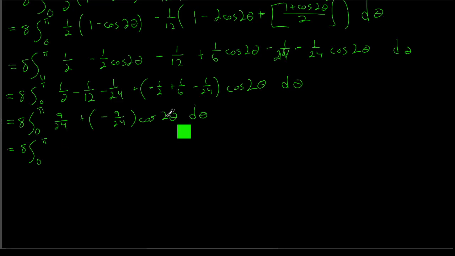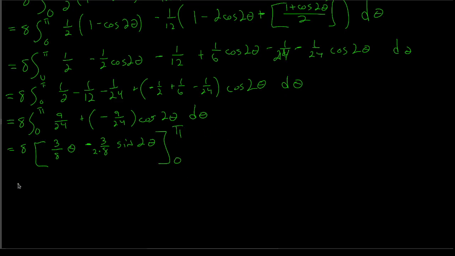Oh, and now I can integrate. Let's see, divide both by 3, so that's 3/8 theta minus 1/8 sine 2 theta, and I'm going to get a 2 down here, evaluated from 0 to pi.